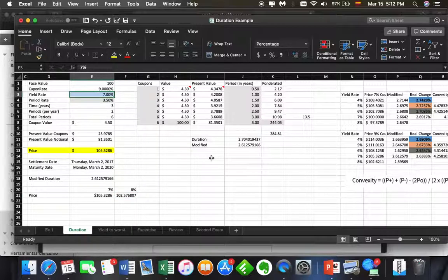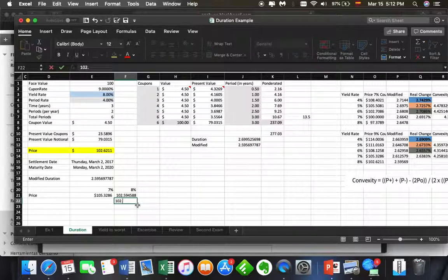So let's check it here. I'm going to change to 8%, and this new price is 102.6211. Great. So it gave us a very, very strong approximation of how much the price is going to change. Now, it is not exact.